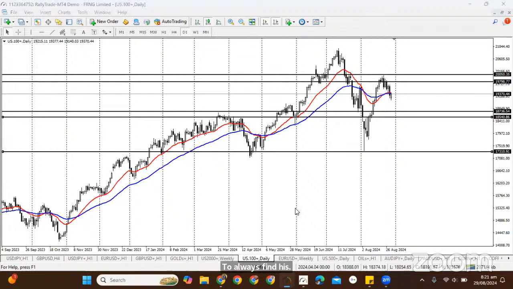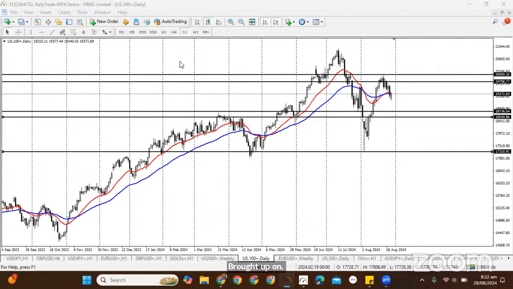So US 100, don't forget, your only expectation on US 100 should be more of a buy, because the truth is you are safer to be on a buy trade than on a sell trade. That's something about US 100.